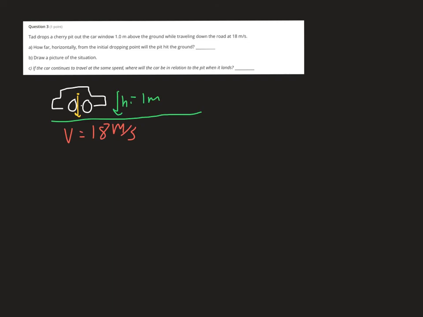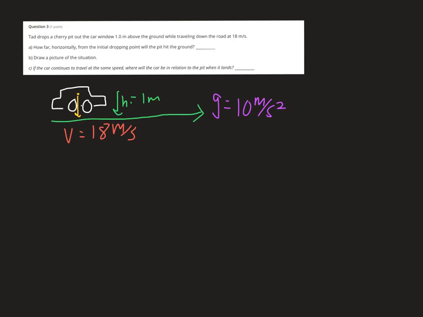We also know that gravity is 10 meters per second squared. So we have some things we can use to find what we need. We need to find the time, because we can't find any velocities or distances without it, and ultimately what we want to find here is the distance that it traveled.